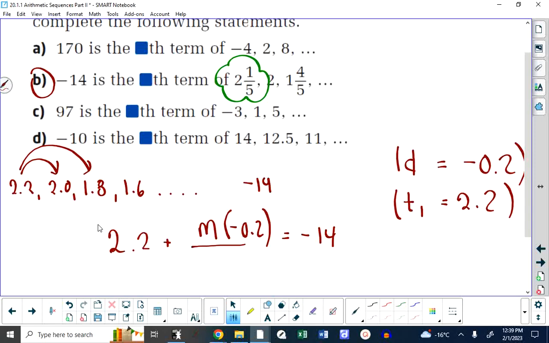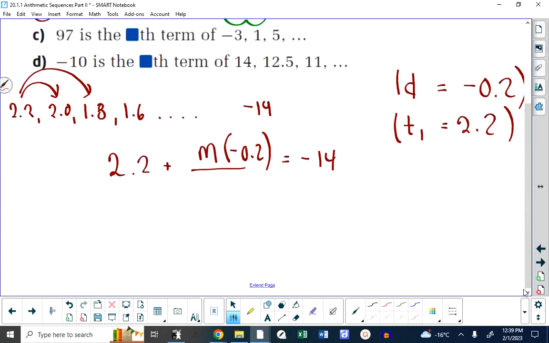And we can solve this. Let me clean this up a bit. I'm going to write this as negative 0.2 m equals negative 14. This is, I don't know, a grade 6 equation, I think. Maybe grade 7, but it's something certainly that you should be able to solve.